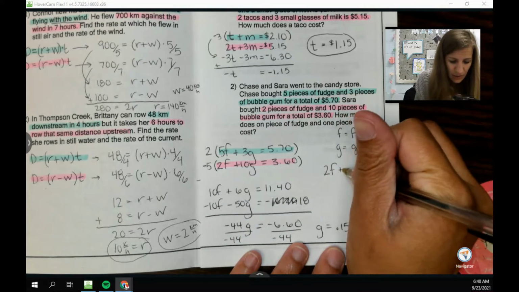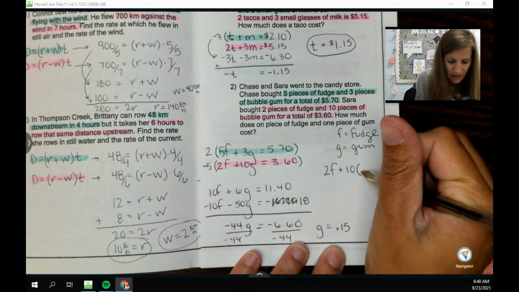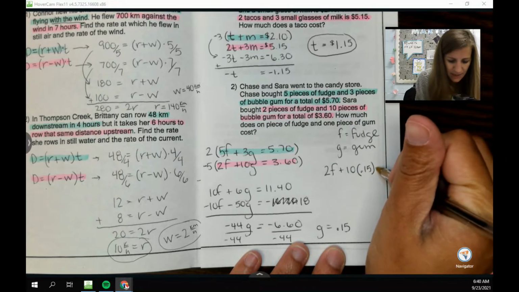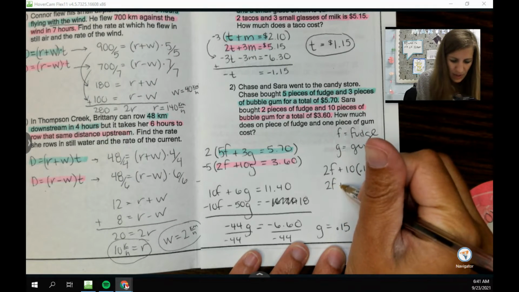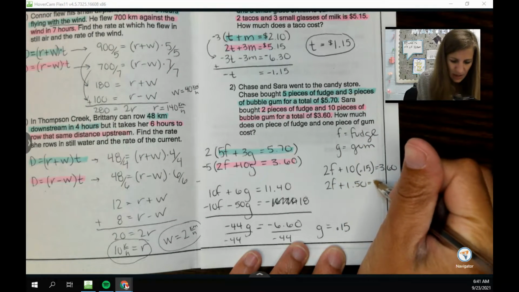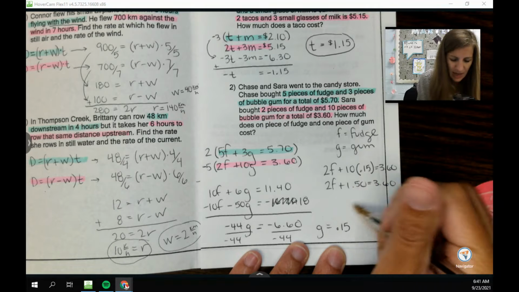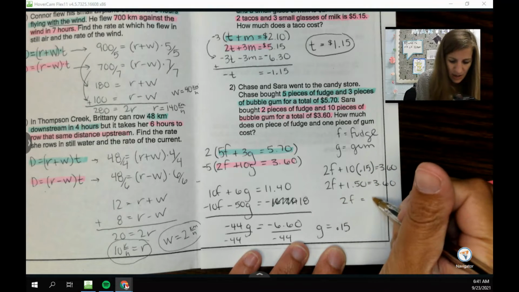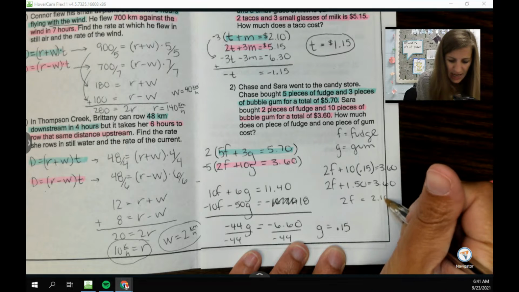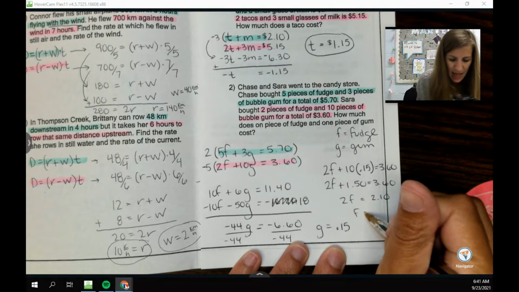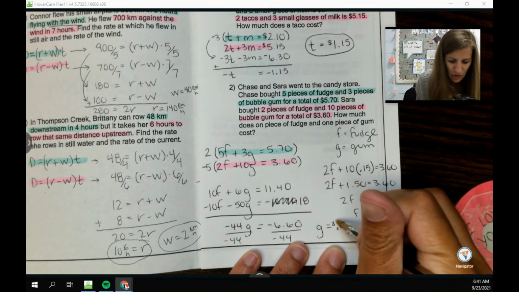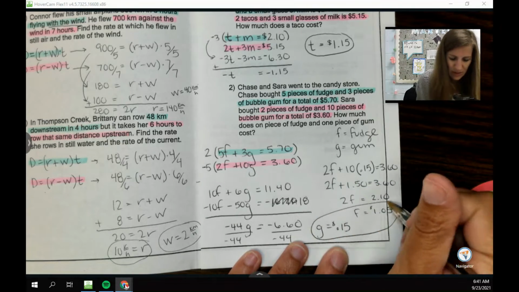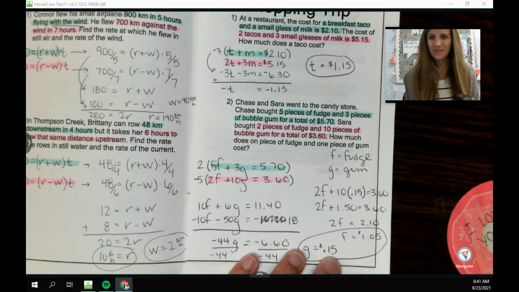So 2f plus 10g, however, I know that g is 15 cents, equals 360. So 2f plus $1.50 equals 360, and we'll subtract that $1.50 for 210, and then split that in half for $1.05 for the fudge, which also makes sense because that would be more expensive. So there we go.